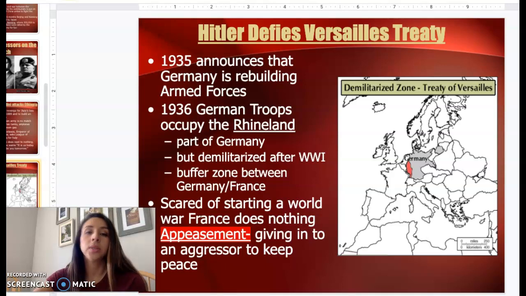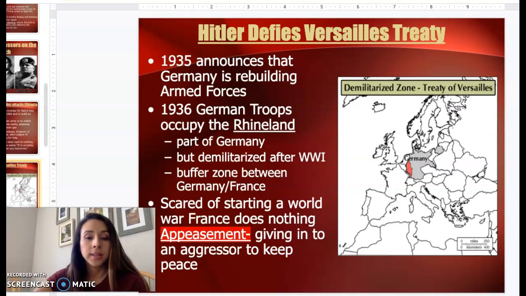And remember also that in Hitler's book, Mein Kampf, it is his goal to really kind of undo those humiliating terms of the Treaty of Versailles. So in 1935, he does just that. He announces that Germany is rebuilding their armed forces, which, remember, was specifically prohibited by the Treaty of Versailles.